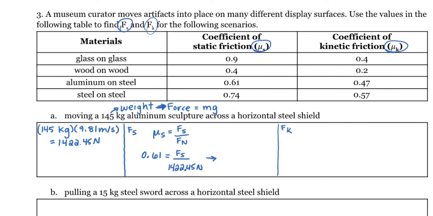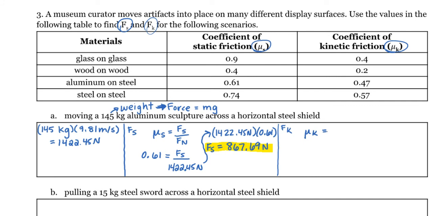When we rearrange this, we have 1,422.45 newtons multiplied by 0.61, and that gives me 867.69 newtons. So that's the force of static friction. So really you have to either have a table or be told what these values are in order to use the calculation properly.